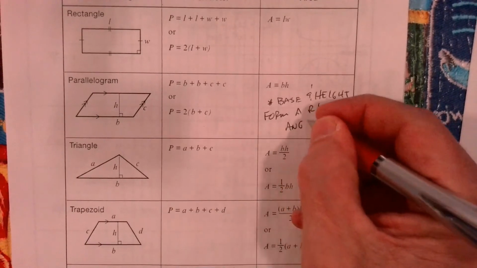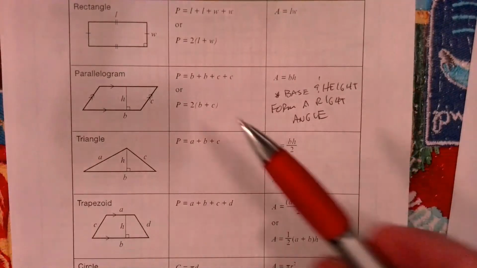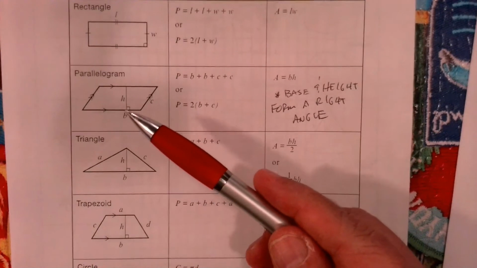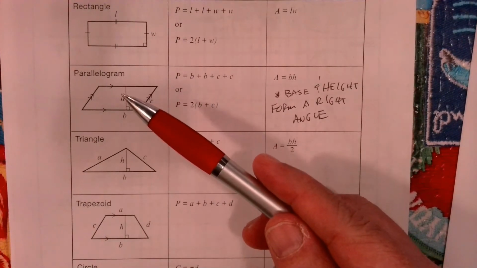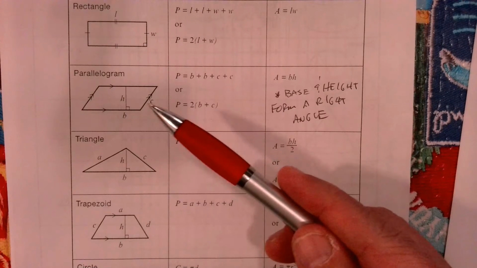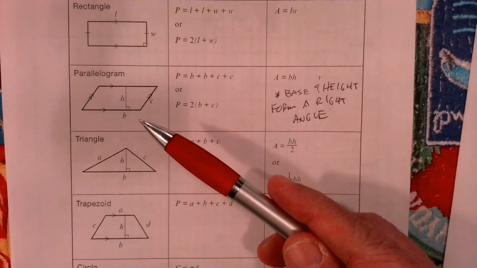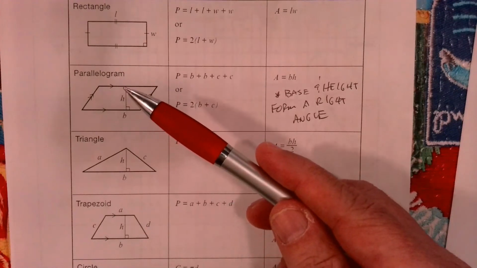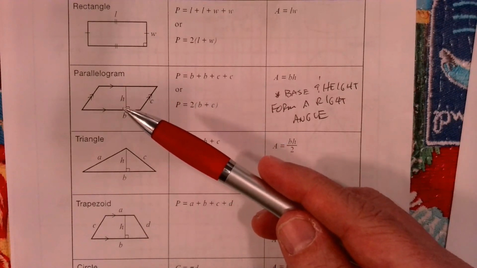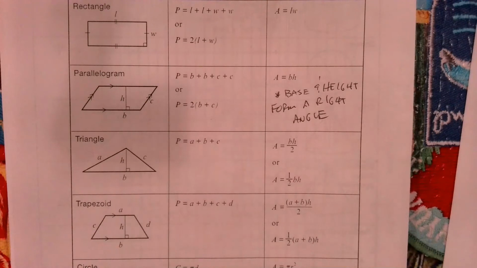Okay, and that's your dead giveaway of what your base and height is. Your height basically connects these two and forms a right angle, because C also connects these two sides, right? But C does not form a right angle with B. So the height of the parallelogram is the distance between the two sides that forms this right angle, okay?